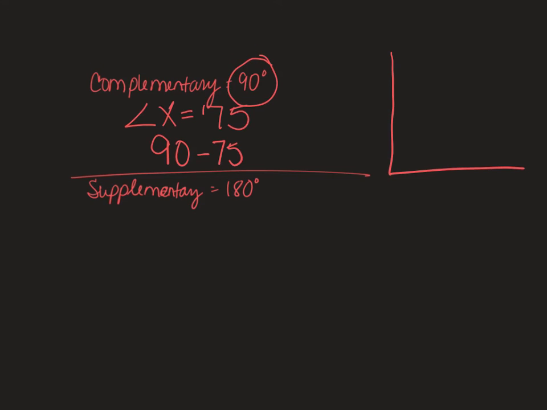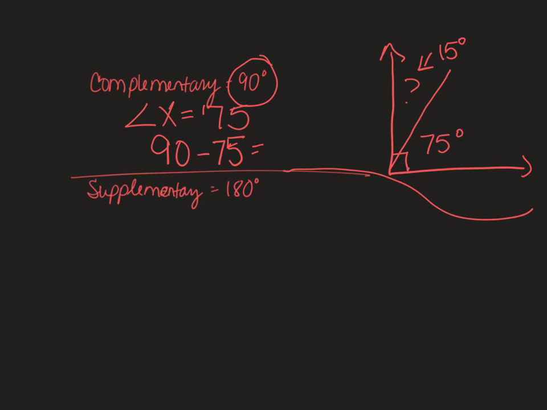So let's say this is 75 degrees. This is a right angle, and I don't know what this is going to be, and that's what I'm trying to find. So 90 minus 75 is what? 15, right? So that tells me that this angle measures 15 and that angle measures 75. That represents a complementary angle.